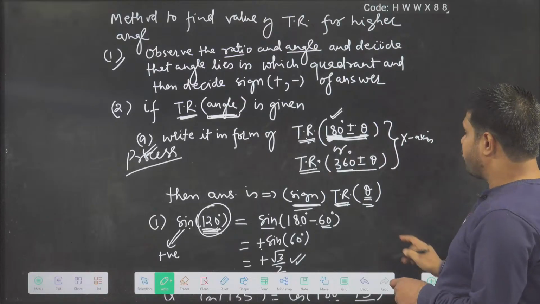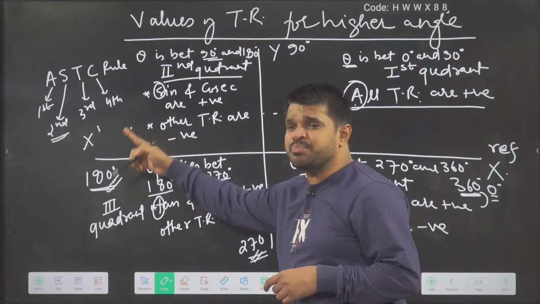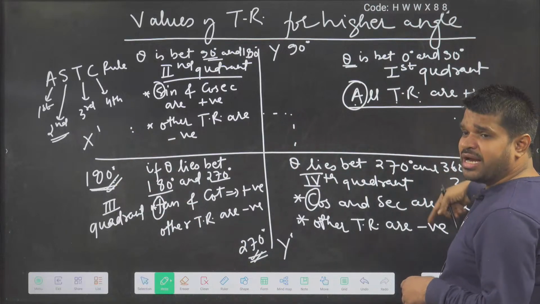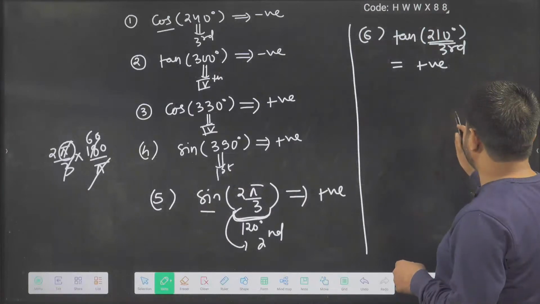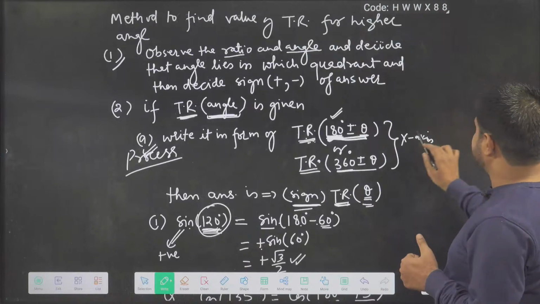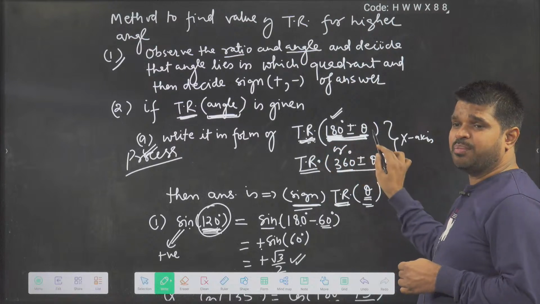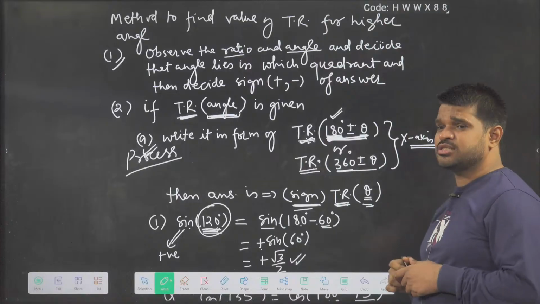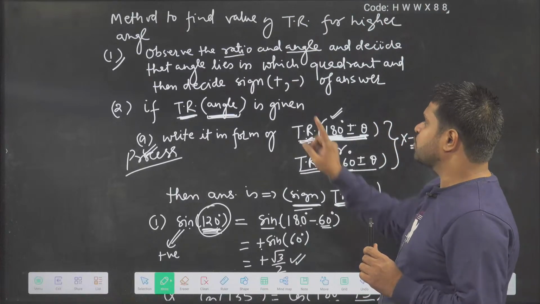Now, when you are using this 180 plus minus something or 360 plus minus something, you are using x-axis. So when you write angle using 180 plus minus something, 360 plus minus something, you are using which axis? Plus axis, x-axis.